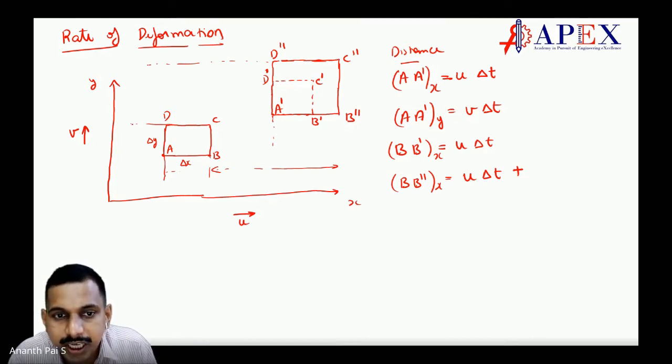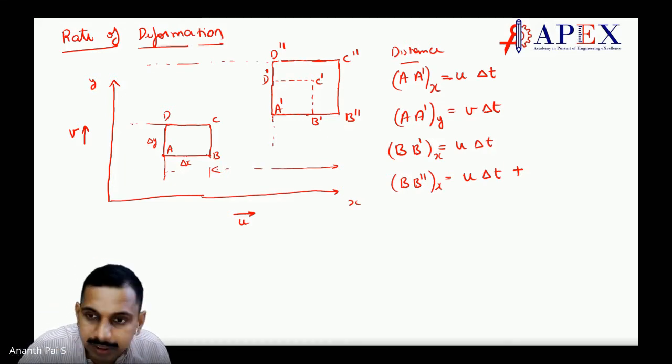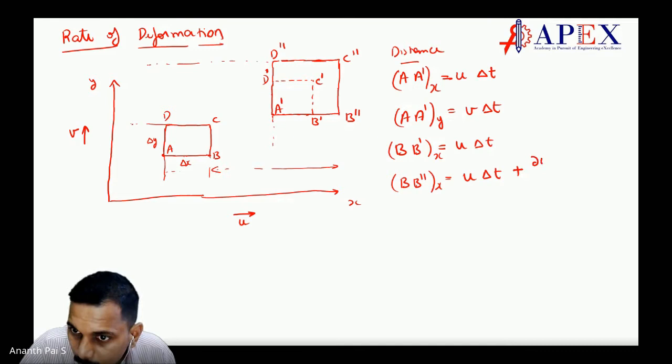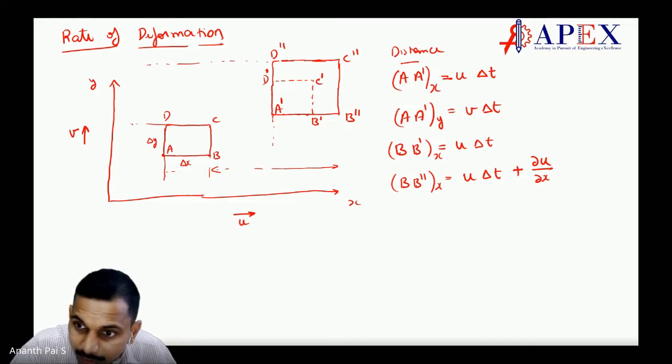Because of the change in the velocity between these points, there was a change here, correct? So this can be taken as dou u by dou x. How does u change with x from A to B? Observe, from A to B, u changes with x, correct? Into delta x. Delta x would be the change here, correct?